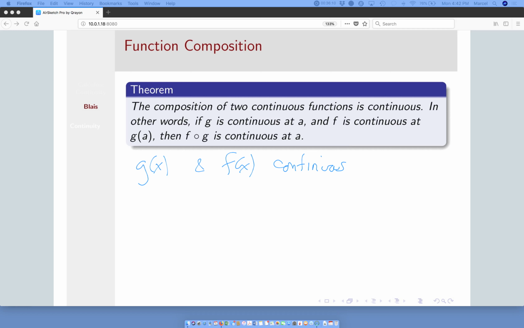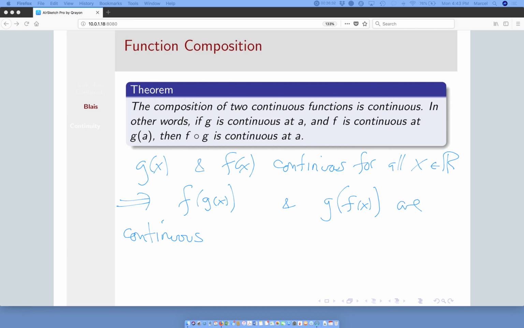It's easiest to think of this for all x, then we'll say all x in the reals, the kind of nice case. Then f of g of x and g of f of x are also continuous. That's the easiest way to think of it.